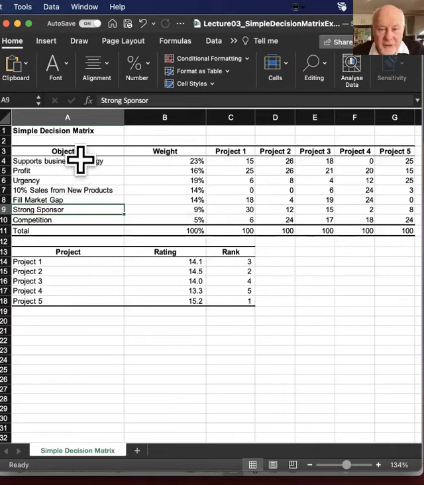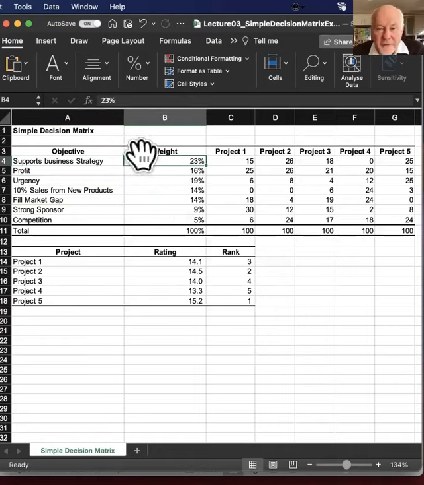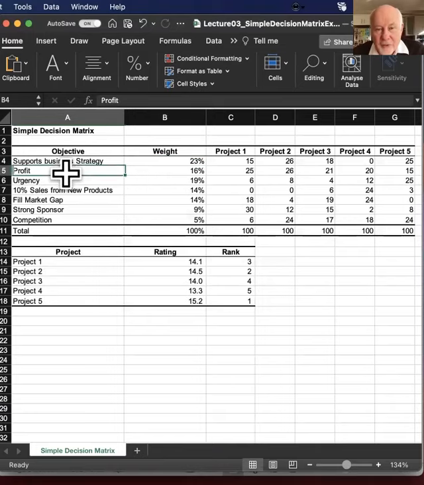We don't need to worry too much about what these mean. What we see in this next column, the one that's headed up weight, this is a rating of the strength of preference for each of these perceived objectives or outcomes.